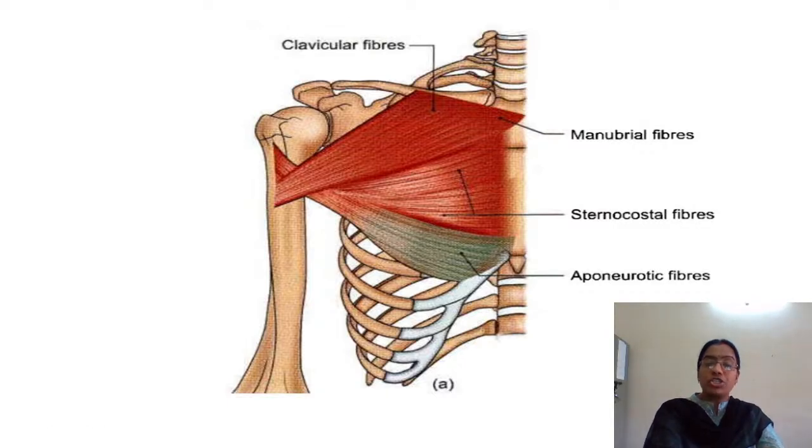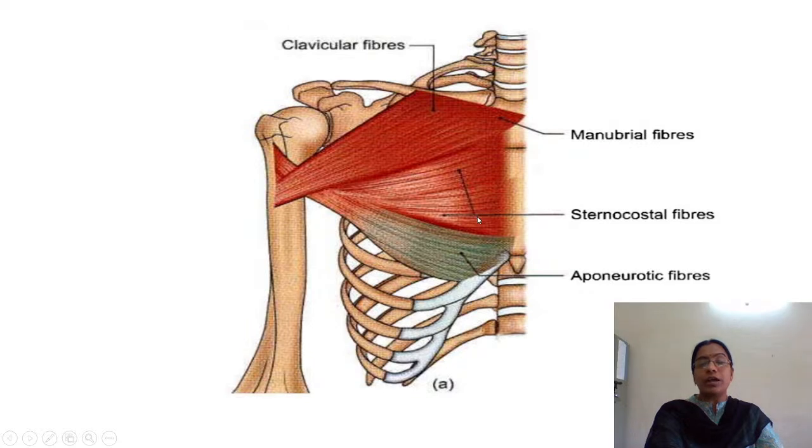Now coming to the posterior lamina. The posterior lamina of the pectoralis major has its origin from the external oblique aponeurosis and also from the lower sternocostal fibers, because in the anterior lamina we included only a few fibers.